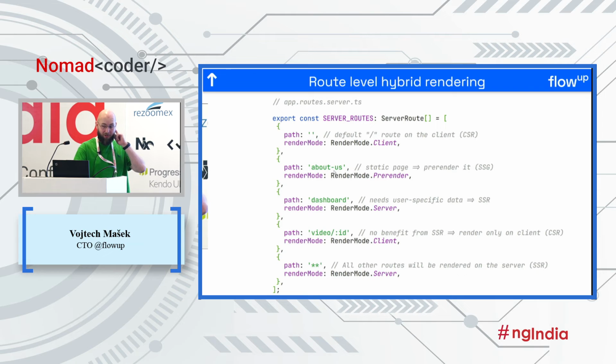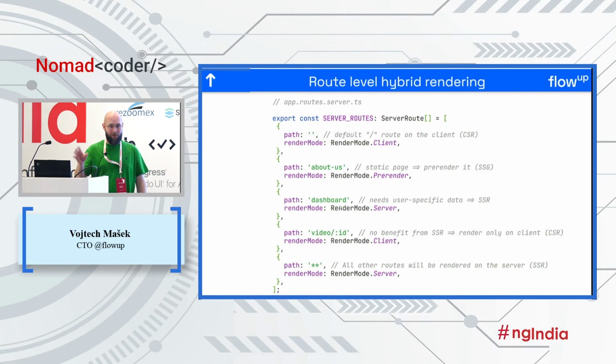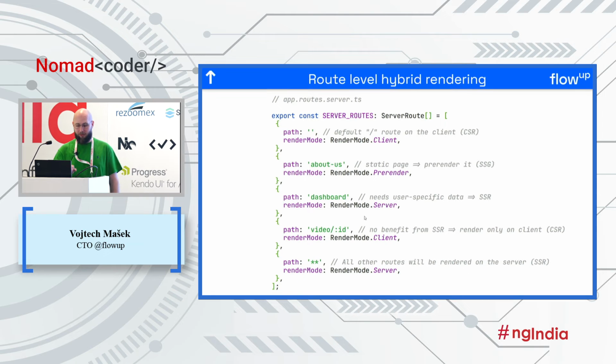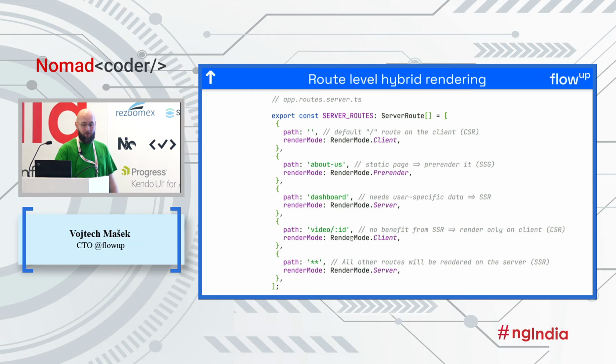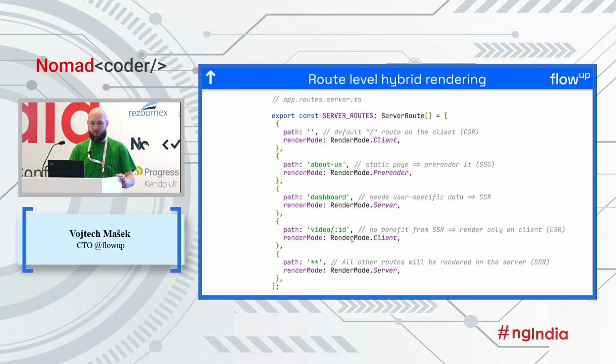But about us is always the same and it rarely changes. So let's pre-render it on build. Dashboard is very complicated because every user has their own thing in the dashboard. Let's use server for it because this configuration is saved somewhere in a database, and we can show it. Then there is a video. Yeah, there are video details with YouTube videos embedded in them.